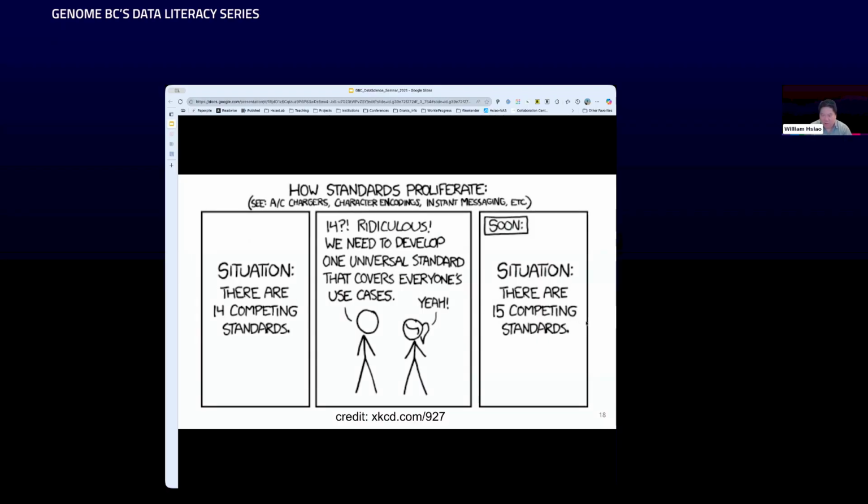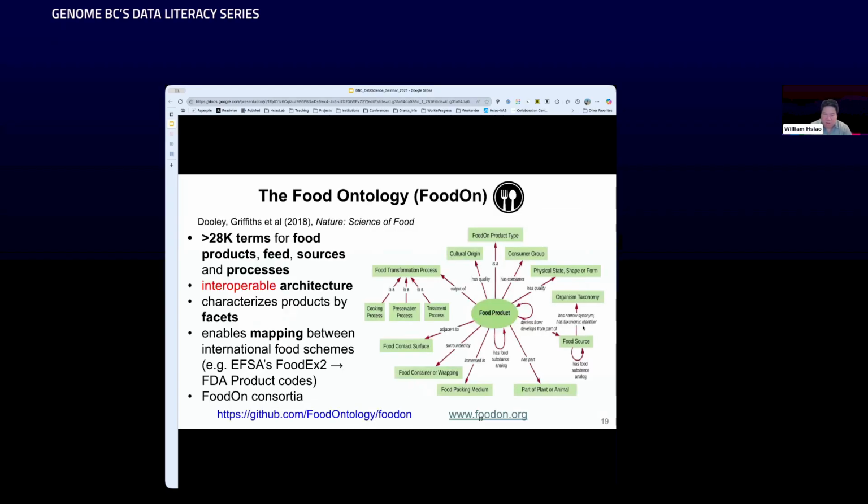So now there are 15 competing standards, right? So can we solve this dilemma? Can we solve this problem? The answer, I would say, is yes, or I would say it's possible, and from our own work, we are starting to see some traction and some positive results from the approach we took.